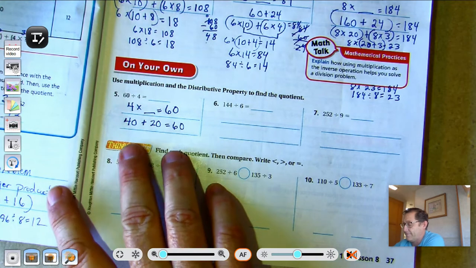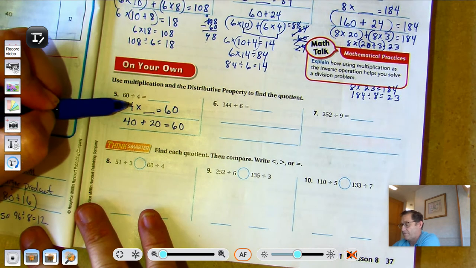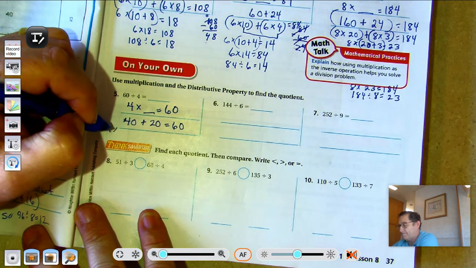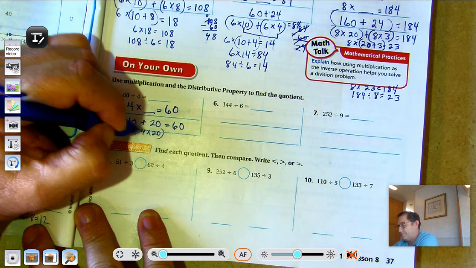Okay, do you agree that 40 plus 20 equals 60? Yeah, okay.